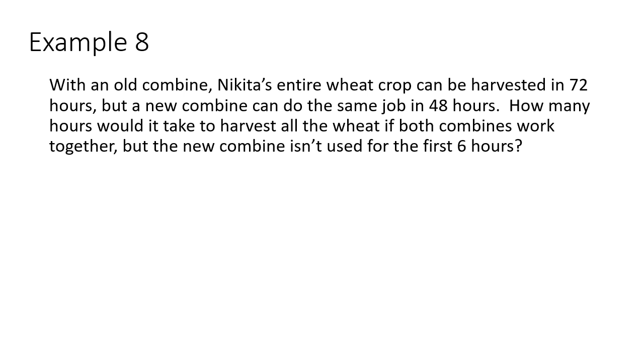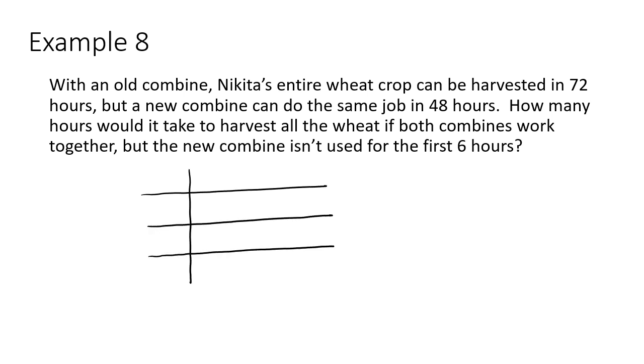So let's set up our table and see what we're working with here. So once again, I'm going to have 2 rows in this thing. We're going to have the old combine and the new combine. We need rate, we need time, and we need the product of the two for our final equation. So let's start with the rates.